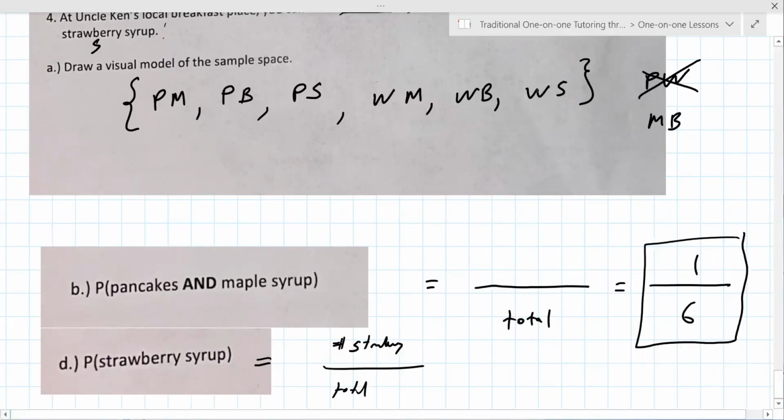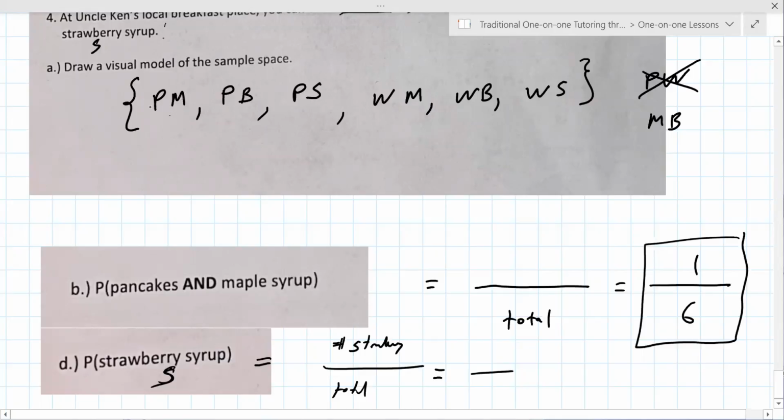How many of them have an S in the second position? Just one? Wait, I'm confused. Well, there are 2 letters here. Strawberry syrup means it's an S in the second position. So does PM have an S in the second position?